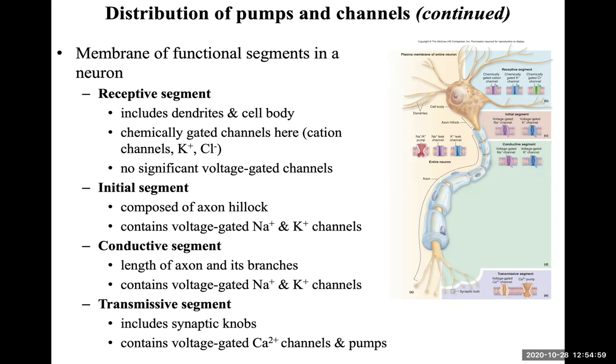What we find, structurally speaking, in the initial segment and in the conductive segment are the voltage gated sodium and potassium channels that are involved in the generation and propagation of that action potential. Those are the events that we have already talked about, where you reach the threshold, which for a neuron is -55 millivolts. That opens up the voltage gated sodium channels. Sodium rushes into the cell and brings that value from -55 up into the positive range. I don't care that you know the actual value, but positive 30 more or less.